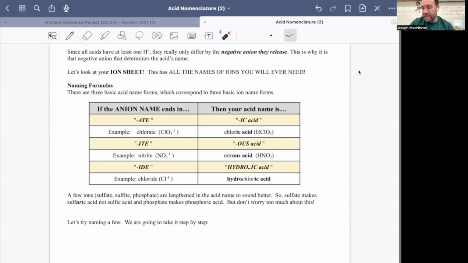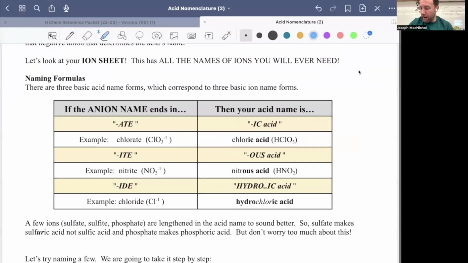If the anion name ends in -ate, then we name the acid an -ic acid. So in this situation, if our anion was chlorate, we change the -ate to -ic, and now it would be chloric acid.